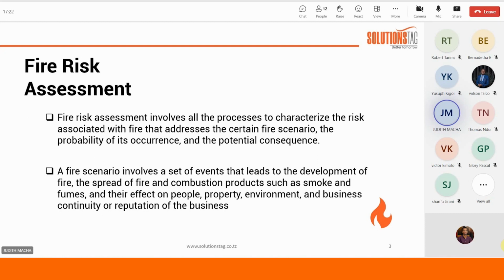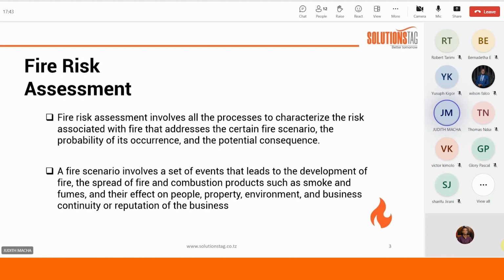Then you look at how likely that risk is to happen, the probability of occurrence, and then if it happens, what consequences it can have, whether to my operation, to my work, to my business.